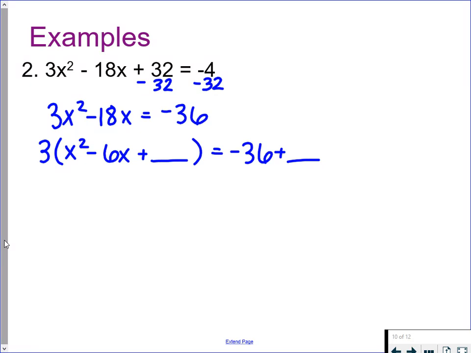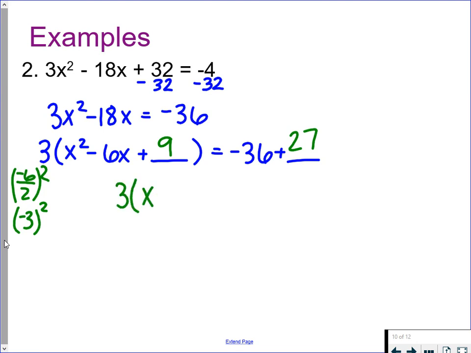Okay, I take b divided by 2 and square it. Negative 3 squared gets me 9. But what goes over here to the side? 27. Okay, so 3 times x minus 3 squared. And negative 36 and 27. Negative what? 9.